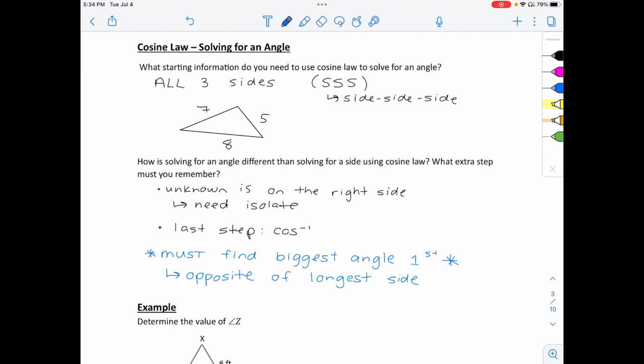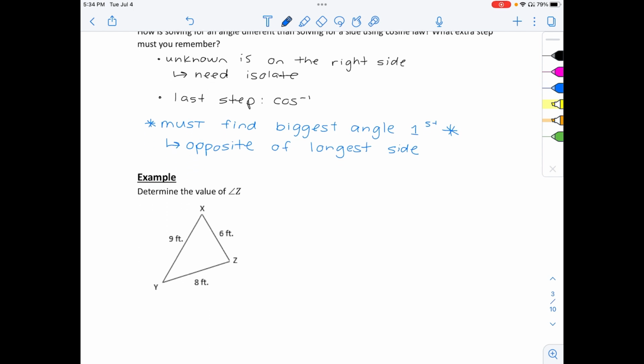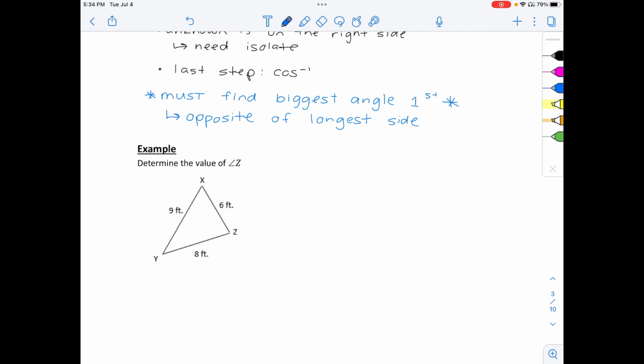If we look at an example here, I'm going to determine the value of angle Z. When you see this triangle, you might panic. It's not labeled ABC, it's labeled XYZ. That's fine. You can leave it like that if you don't mind writing the formula out using different letters.